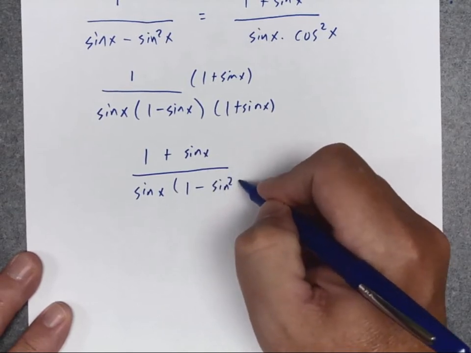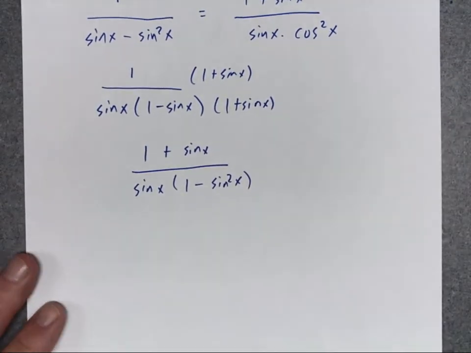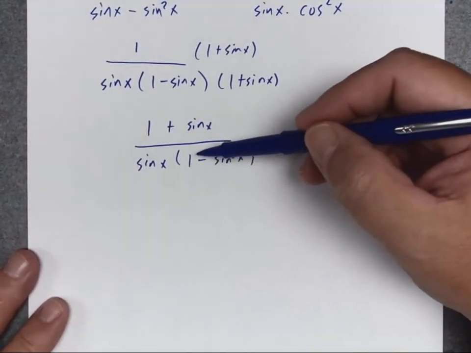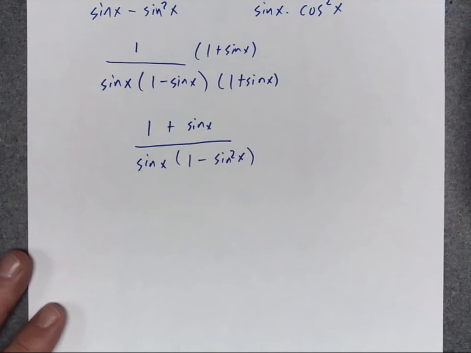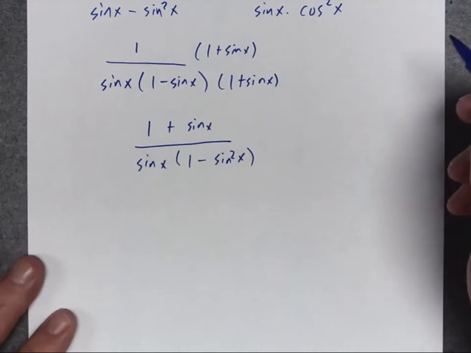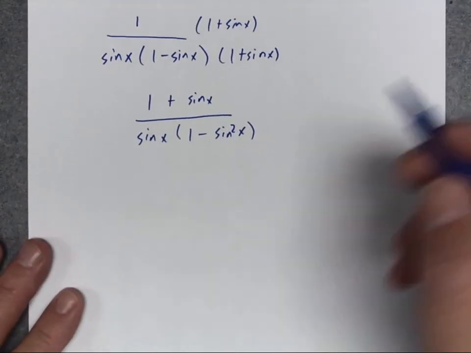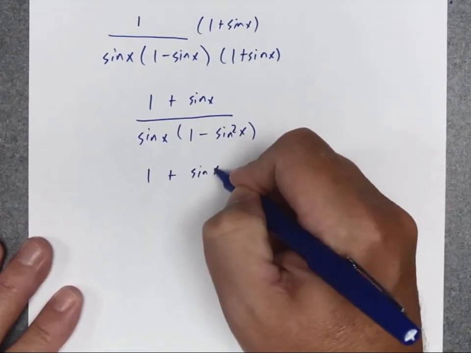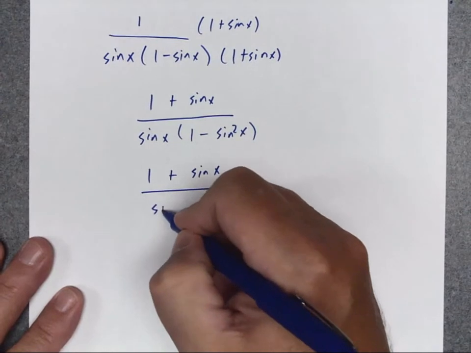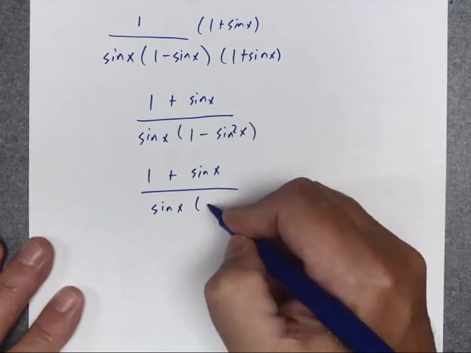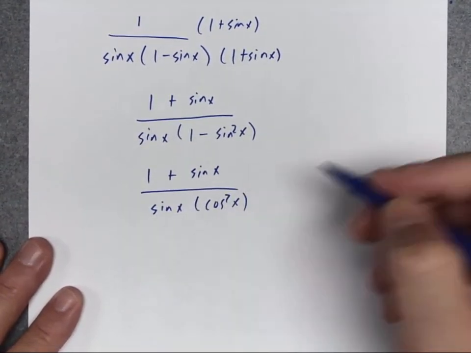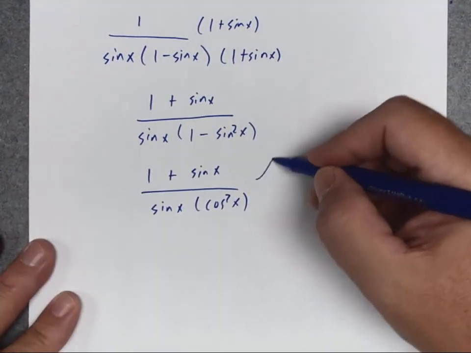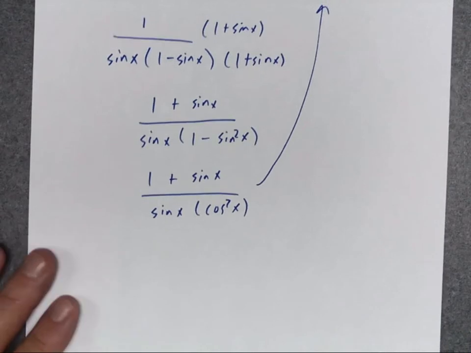And then right away, you should be saying to yourself, 1 minus sine squared x actually equals cosine squared x. So let's replace that with cosine squared x. And then actually, if I stop here and look, I've come up with what is on the right-hand side.